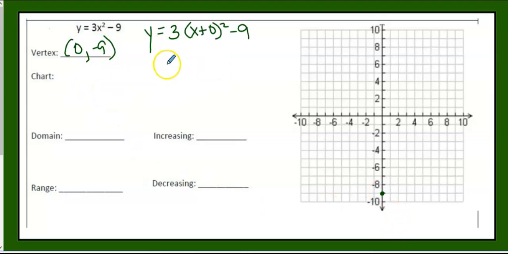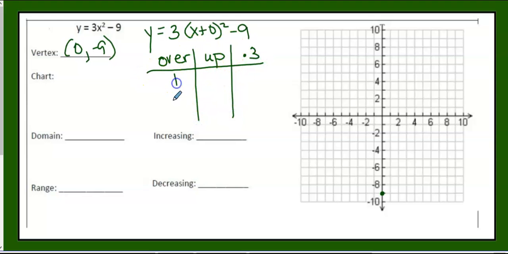And then my chart, and I'm going to multiply whatever I get for the up times 3. So 1, 2, 3, and then this is 1, 4, 9, so this is going to be 3, 12, 27. We probably won't do that last line. So I'm going to go over 1, up 3 from here.